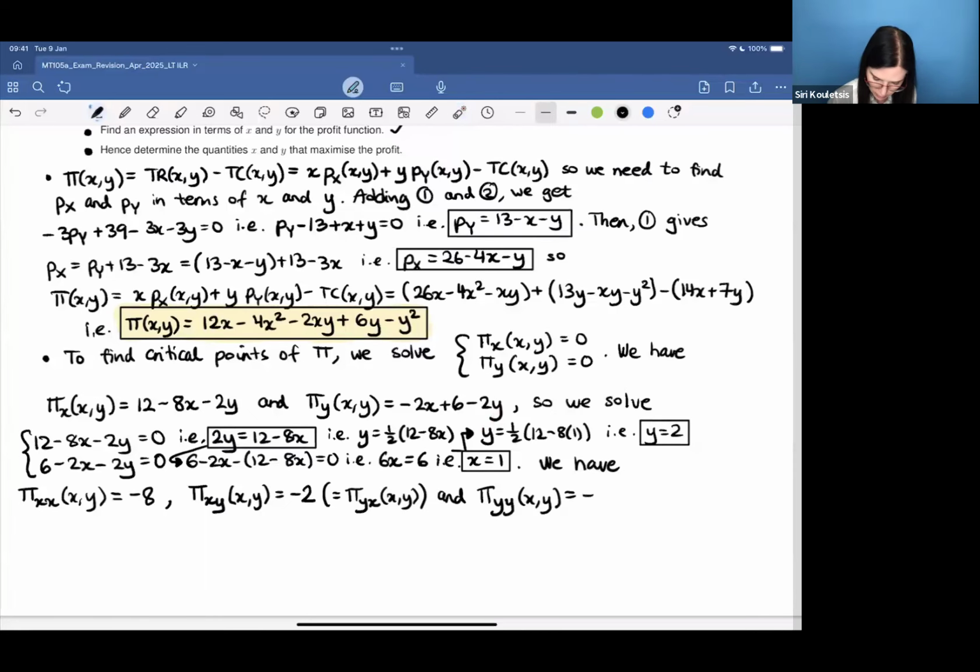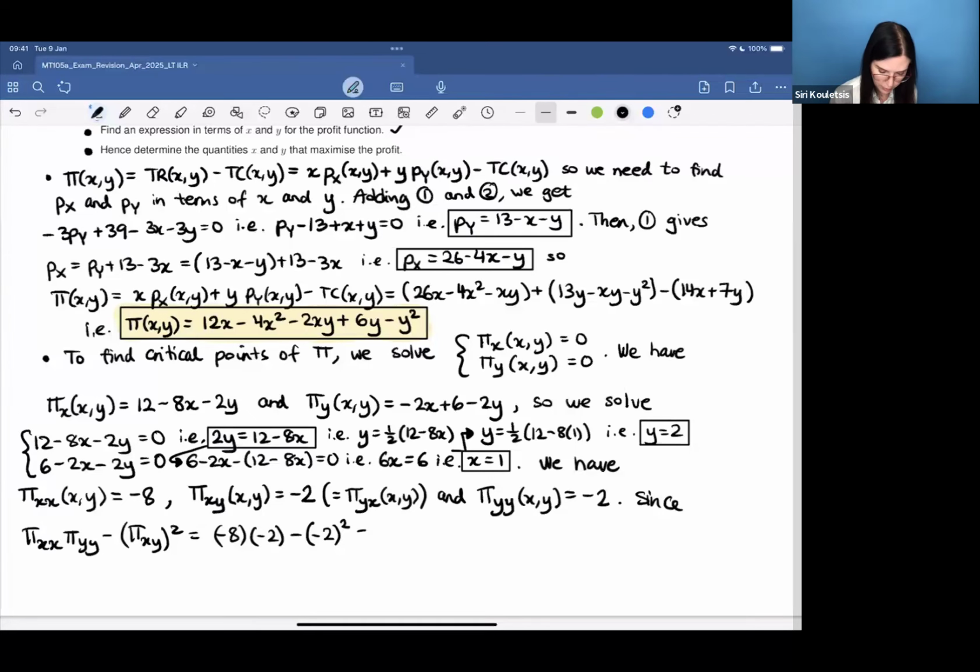And now we work out the Hessian, which is pi xx times pi yy minus pi xy all squared. So we get -8 times -2 minus -2 all squared.